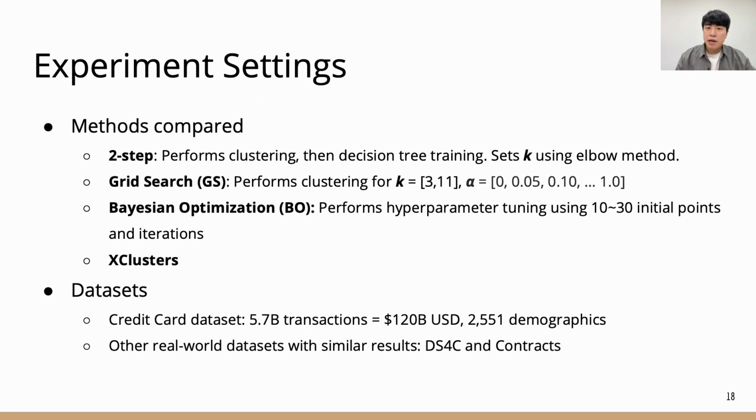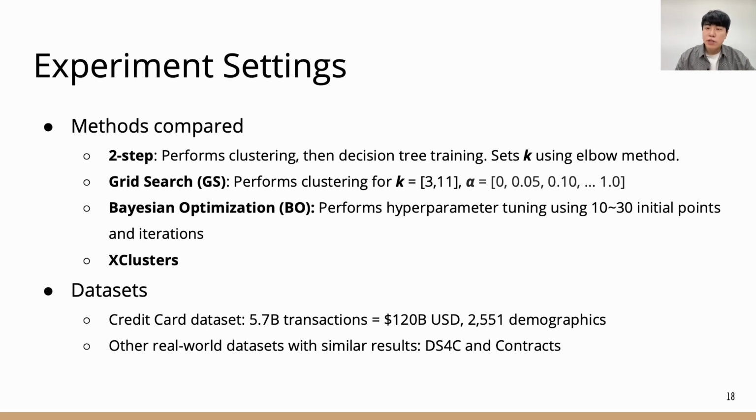The grid search baseline exhaustively goes through all possible k and alpha values. Here we set k to range between 3 and 11 and alpha to range between 0 and 1 with 0.05 increments. Bayesian optimization is a state-of-the-art hyperparameter tuning method that works in a general optimization setting. We use 10 to 30 initial points and iterations. XClusters is our method.